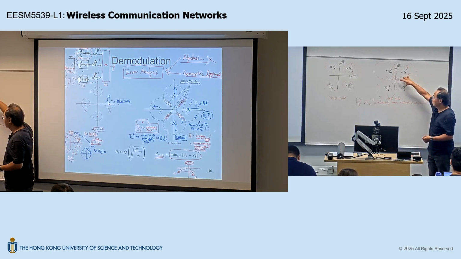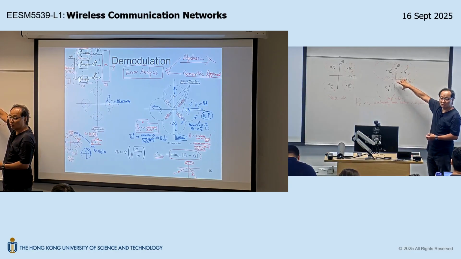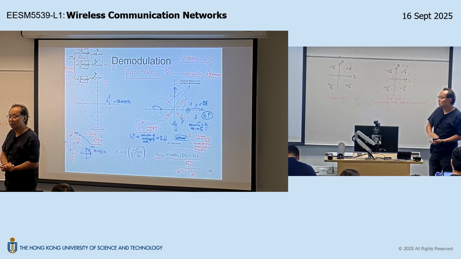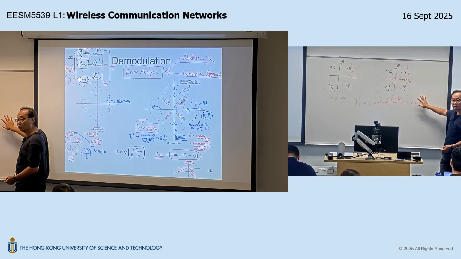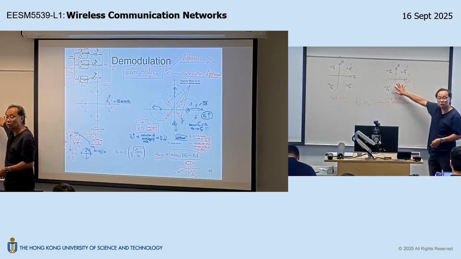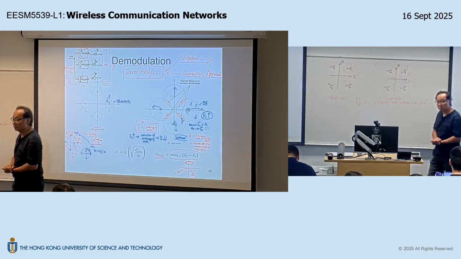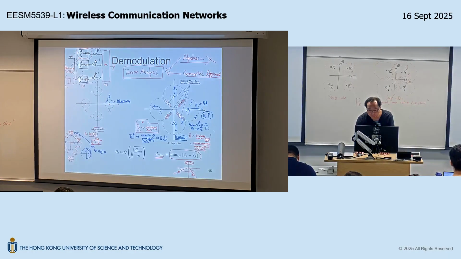Because the energy of the signal is equal to the distance squared from the origin, right? If I physically pull this noise cloud away, of course the overlapping area will be reduced. Error probability will be reduced, but my cost is I need to increase my transmit power. Is that okay?